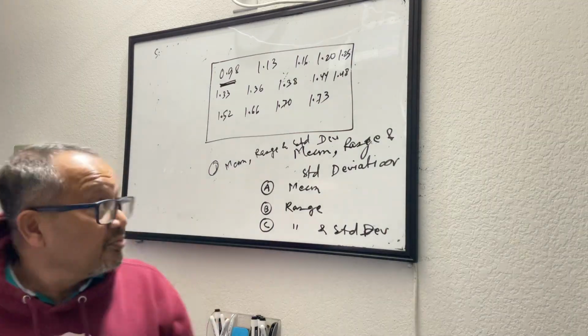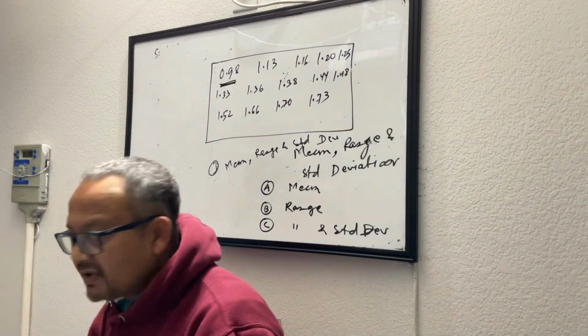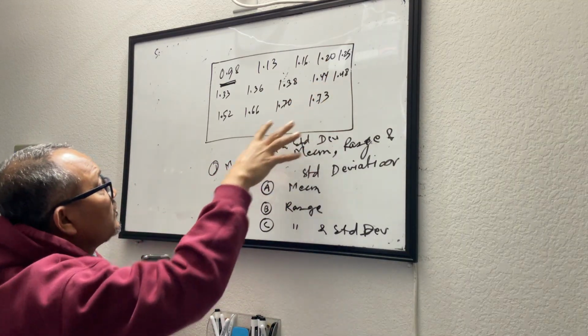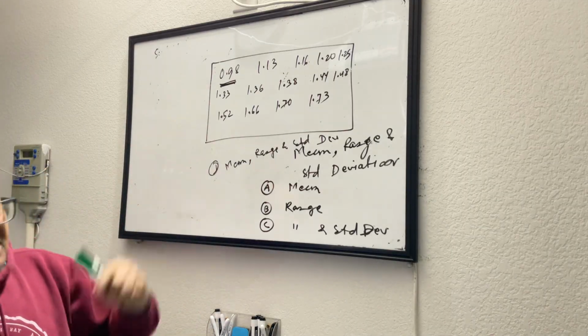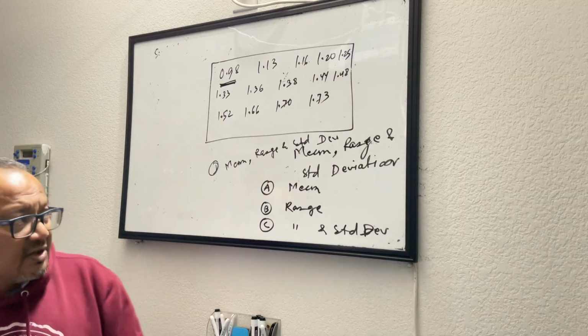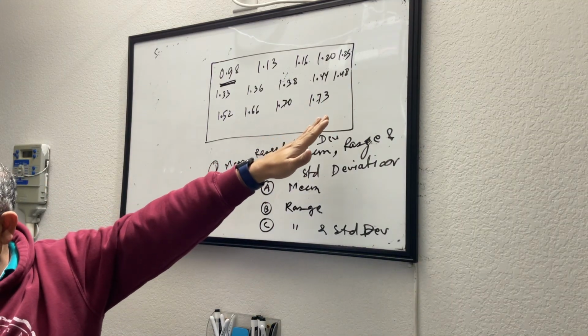Okay. So, there is a table above, a box in which you have certain data, 14 data elements given to us, and these are the weights of the newborn piglets. So there are 14 piglets for whom the weight is given to us in kilograms.